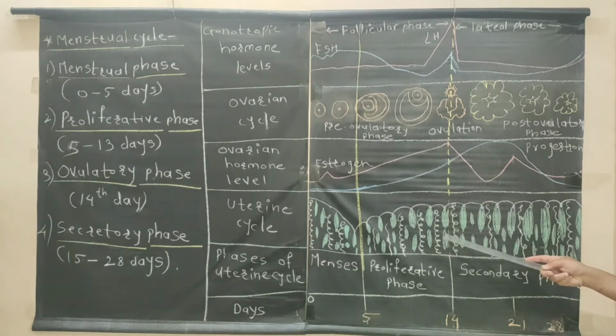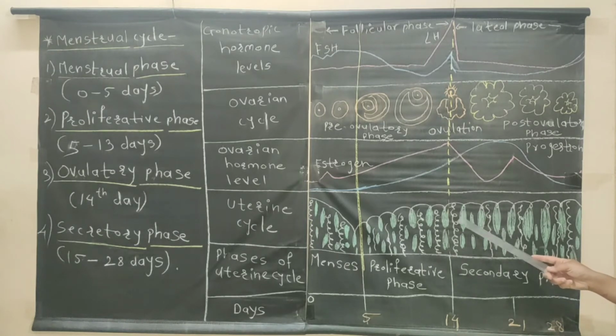And this endometrium breaks because of the effect of prostaglandins, and it decreases progesterone and estrogen levels.